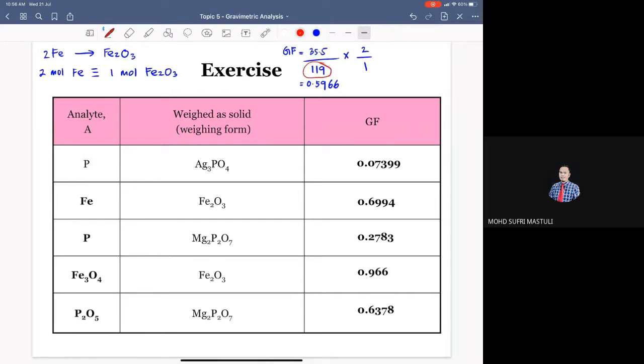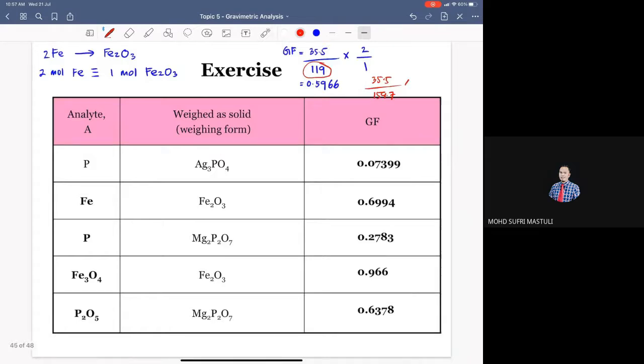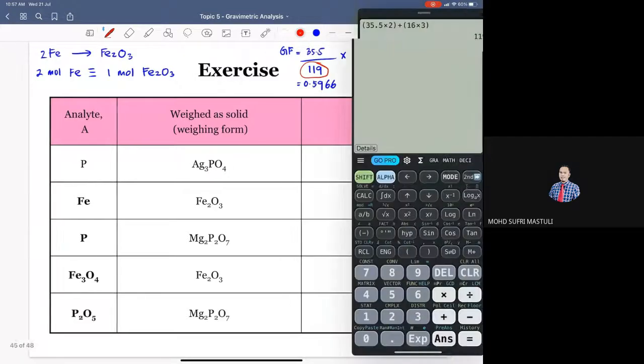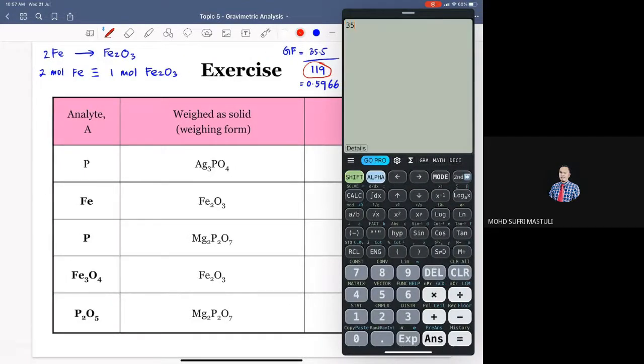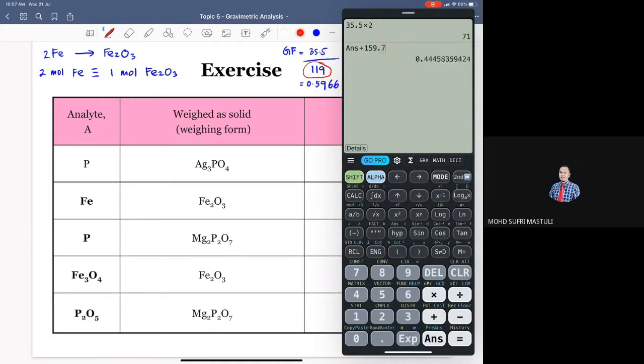You can double check. If I replace here 35.5, 159.7, and then times 2, can it get the same answer? 35.5 times 2 divided, 1.917.